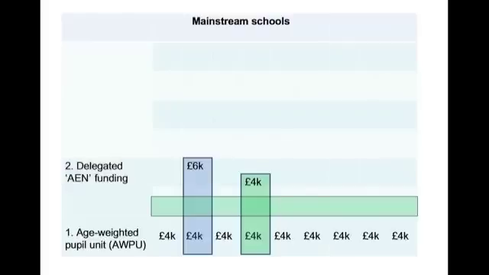Now, here's another pupil whose needs require provision that costs more than the £10,000, which is the proposed limit on schools' funding. So this pupil is going to require a total of £14,000 worth of funding.